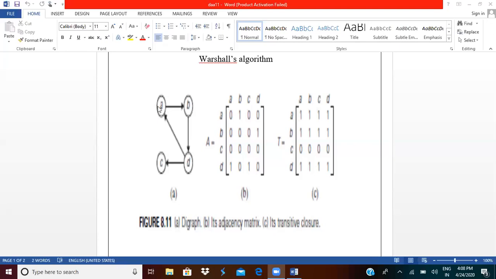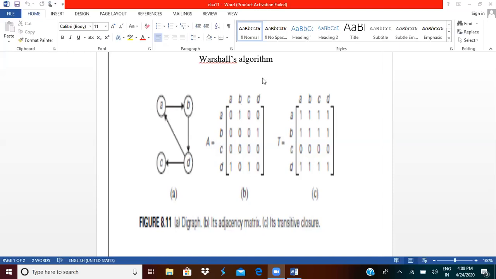Now you can see, A to A, there is no edge, so it is 0. A to B, there is an edge, so it is 1. A to C, there is no edge, it is 0. A to D, there is no edge, it is 0. B to A, there is no edge, it is 0. B to B, there is no edge, it is 0.